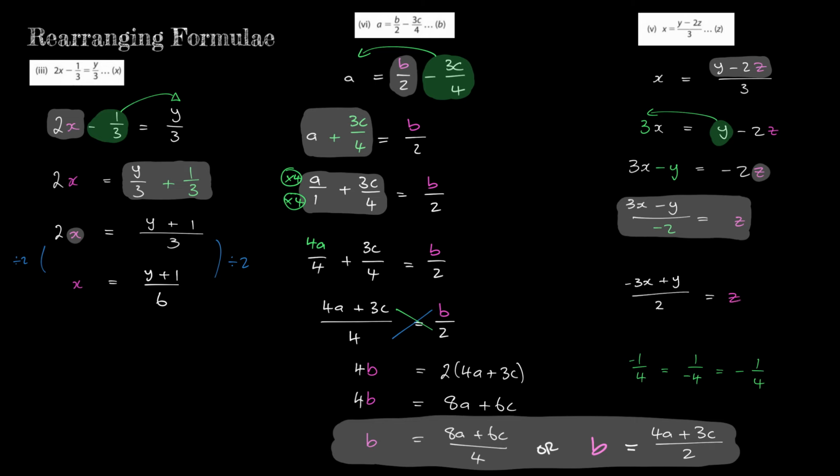Okay, so the final answer there that I would expect to see if this was on a junior cert exam, I would expect to see the positive y, the minus 3x all over 2 is equal to z. So that's the various different variations of that answer that we can get. Okay, so all of these answers would be correct.